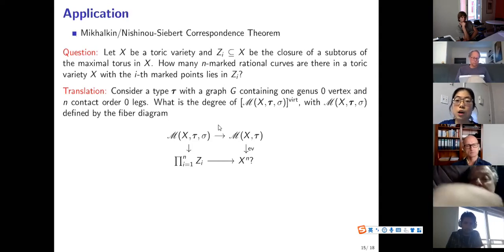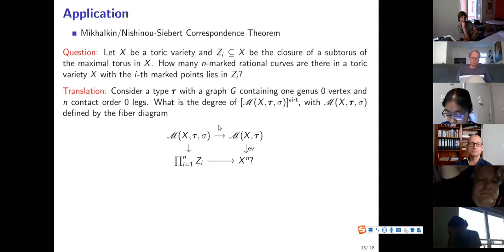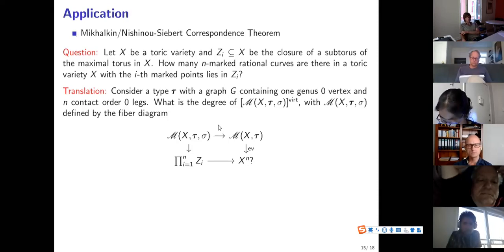A translation of this question to the log Gromov-Witten setting is to consider a type tau with a graph containing only one genus 0 vertex and n contact order 0 legs, and ask what is the degree of the virtual fundamental class. We have n legs, and we map to our X, and I'll draw P2 as an example.